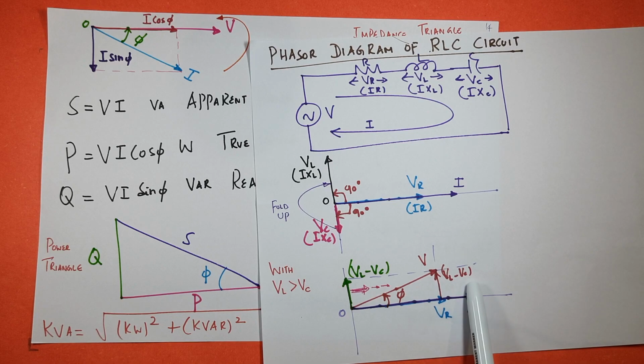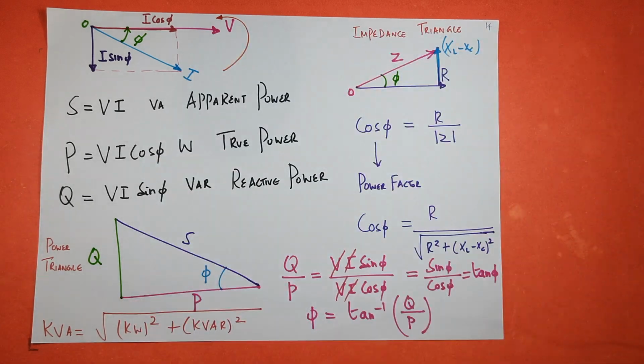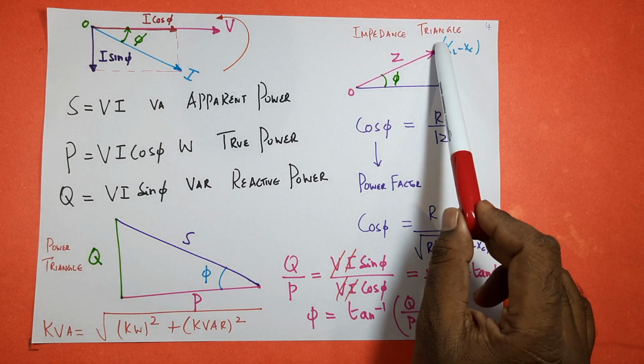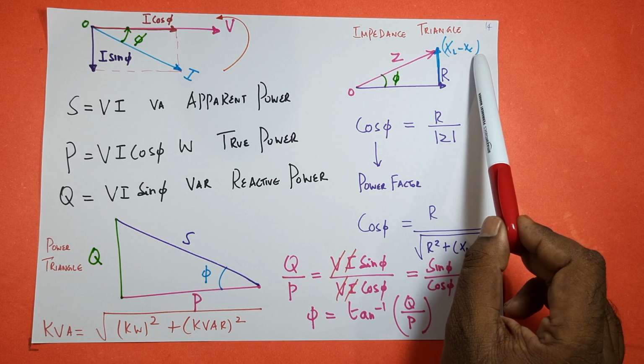This is VL minus VC. So instead of VR, you put IR, and IXL minus IXC. So you just take this I outside, and you write in terms of only resistance and reactance. So this is R. This is going to be XL minus XC.